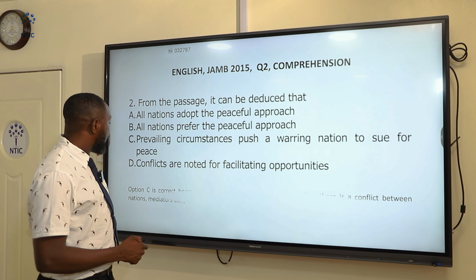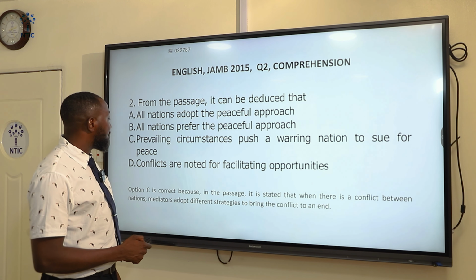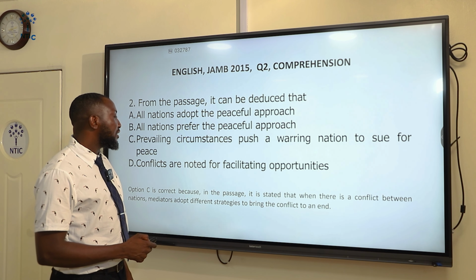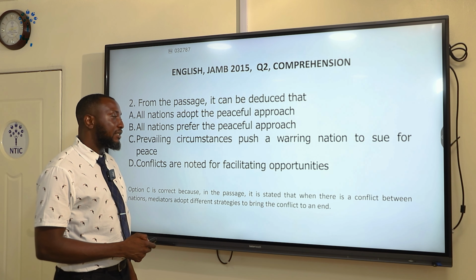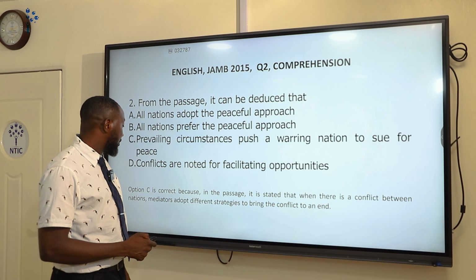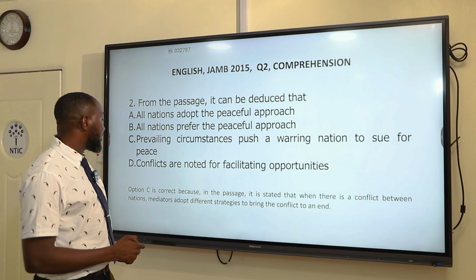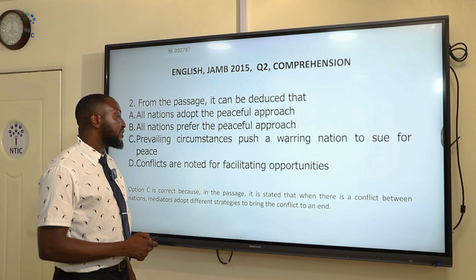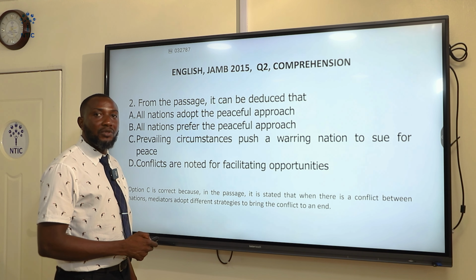Now, option C is the correct answer because in the passage, it is stated that when there is a conflict between nations, mediators adopt different strategies to bring the conflict to an end.